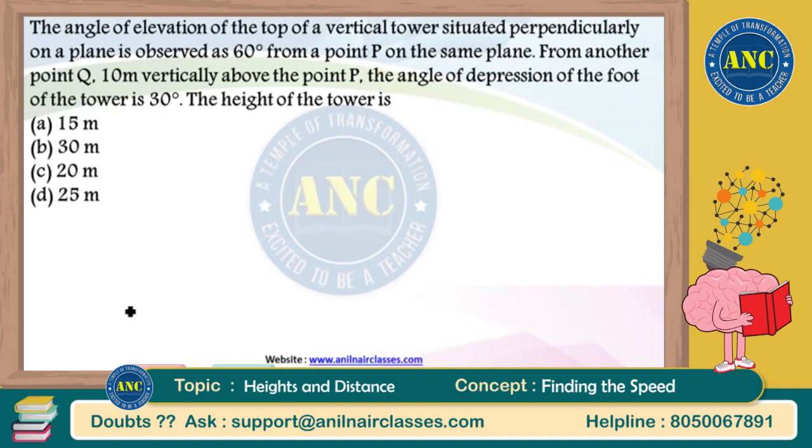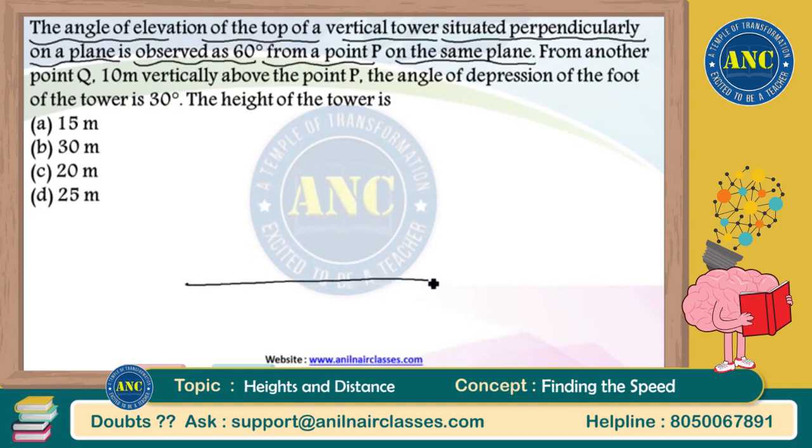Please see this question. The angle of elevation of the top of a vertical tower situated perpendicularly on a plane is observed as 60 degrees from a point on the same plane. There is a plane. Okay, let this be the horizontal plane. There is a vertical tower which is perpendicular to the plane I have drawn horizontally.